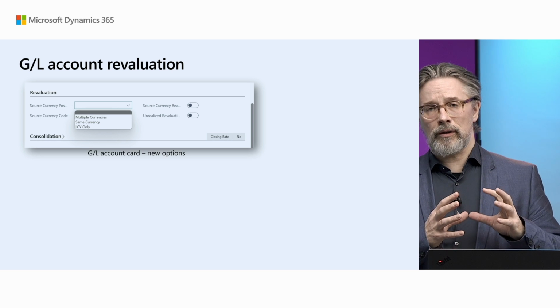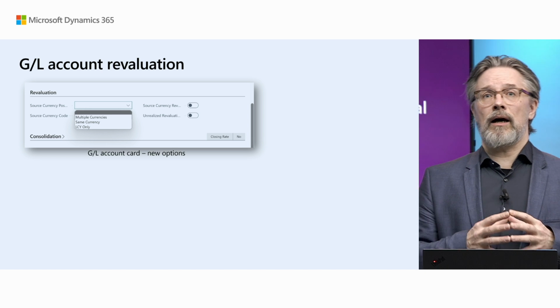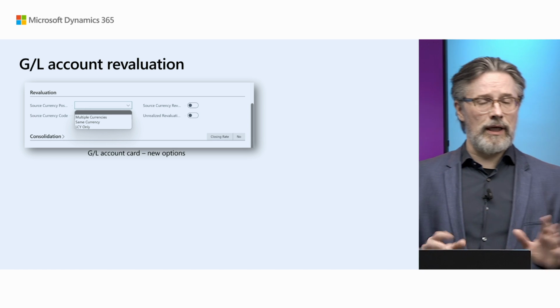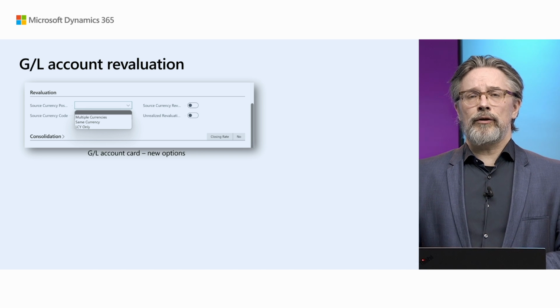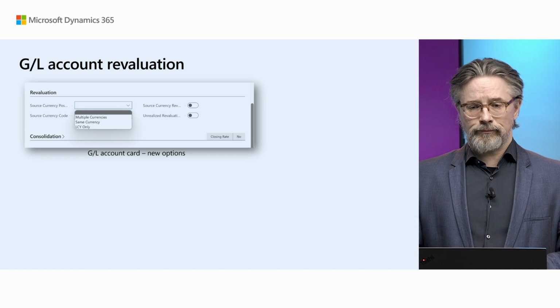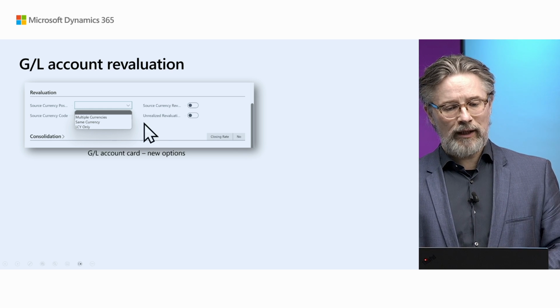Maybe you just want transactions in one currency. It could be that you will only allow local currency and you don't want any currency transactions to it. It's also an option.